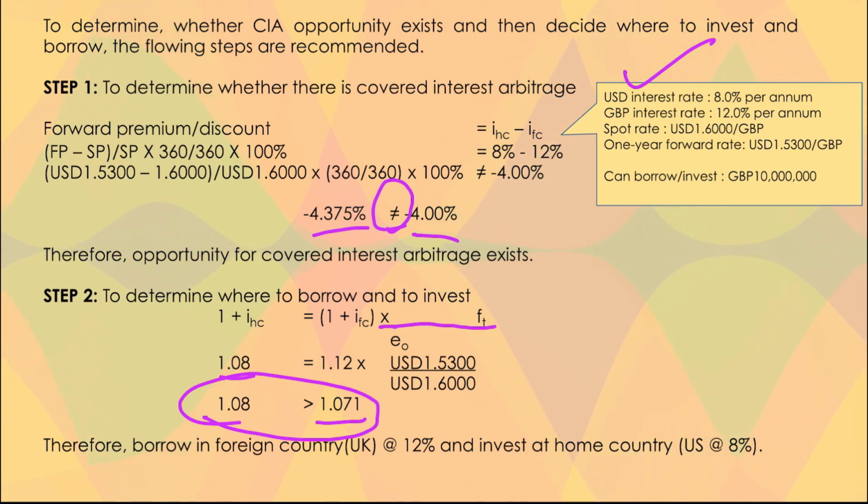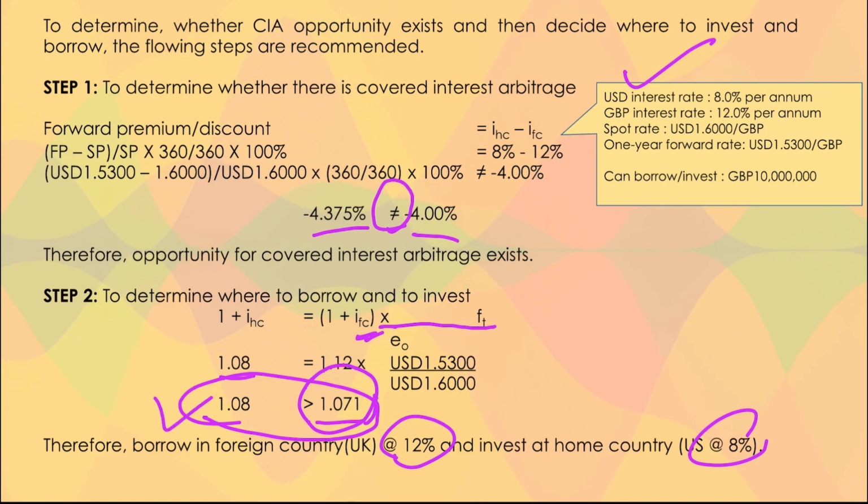Why? Because this one is lower. So we borrow at the lower rate and invest at the higher rate. Here the foreign country is UK, so we borrow in UK and invest in US. But remember, to calculate the interest, we still use the original interest rates, not this value.